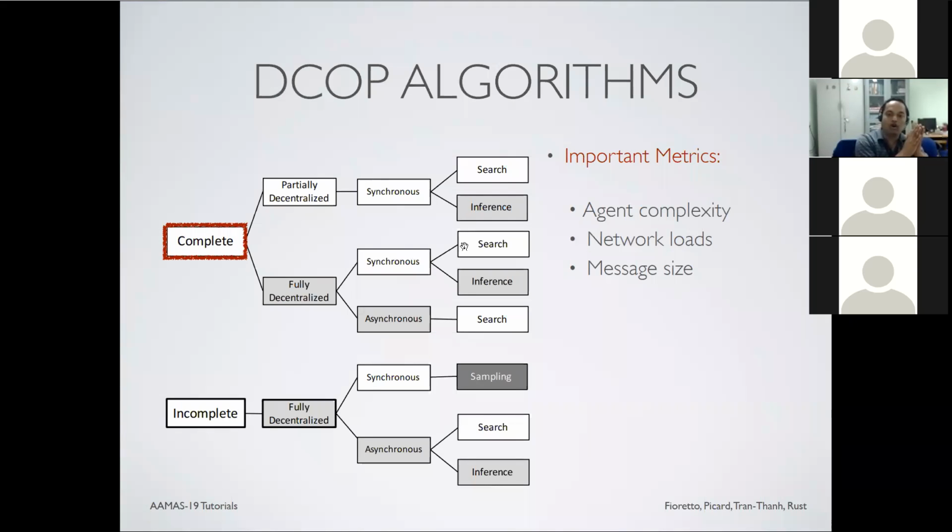That solution may not be complete, and may not be the optimum solution, but you can get a solution. So that is the difference between a complete and an incomplete algorithm. The complete algorithm will always return the optimum result, but that will be returned at the end of the algorithm. But for the incomplete algorithm, you can expect a result at any moment, whenever you require. You don't need to wait for the end of the algorithm. But there is no guarantee that the result will be the optimum result.